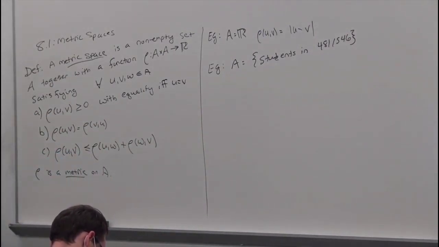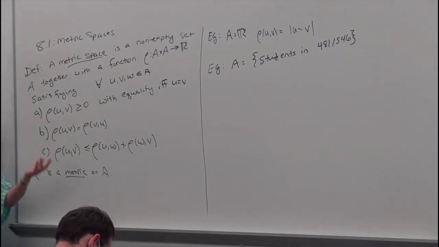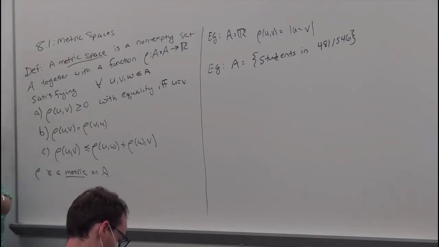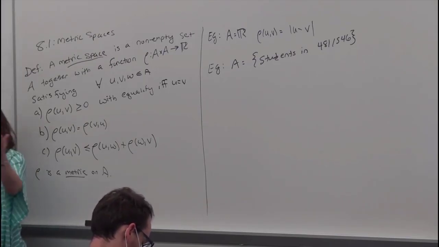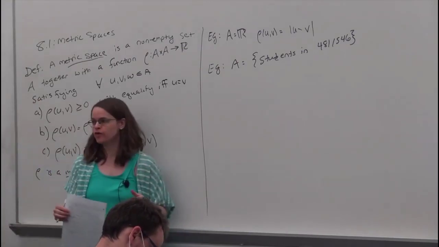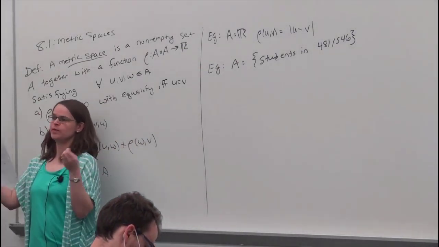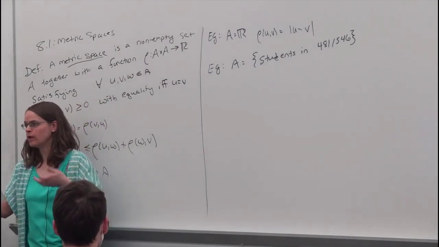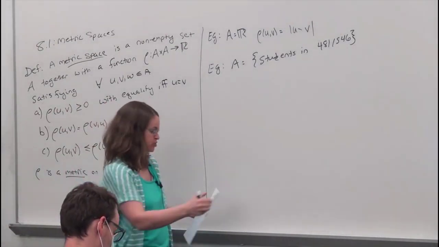And now I have to come up with some kind of distance between you, some kind of metric. There's plenty of ways I could do it. I could just look at where you're sitting and do a Euclidean distance between everybody. I could do other things. I could just have a metric that says, tell me if these two people are the same person or different people. And that would also be a metric. This is called the discrete metric.